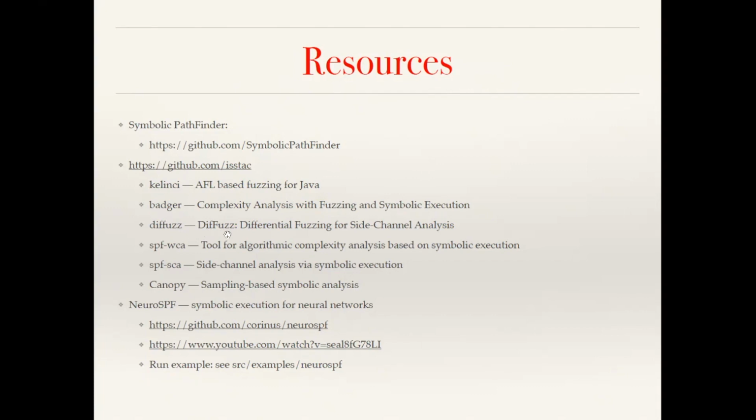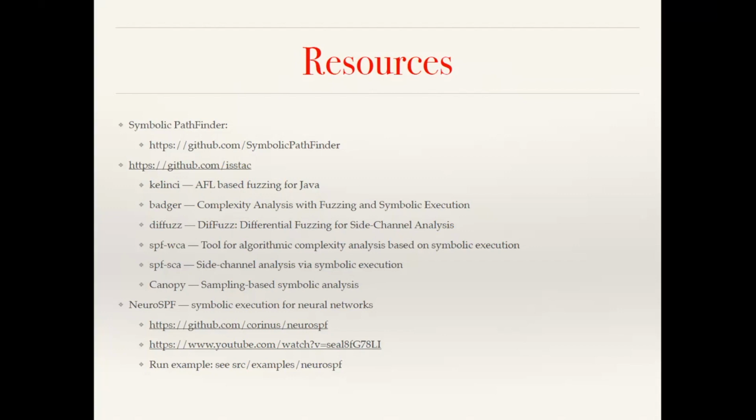DifFuzz is another tool that performs differential fuzzing for side channel analysis. I realized we have another tool that performs differential symbolic execution, differential hybrid analysis, but it's not listed here. We also have a tool for algorithmic complexity analysis, another one for side channel analysis, and so on.